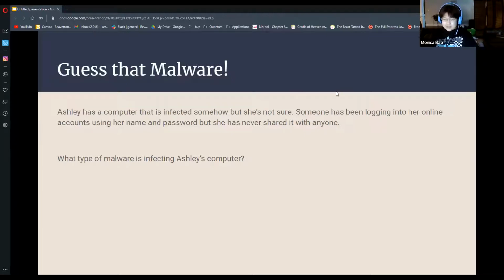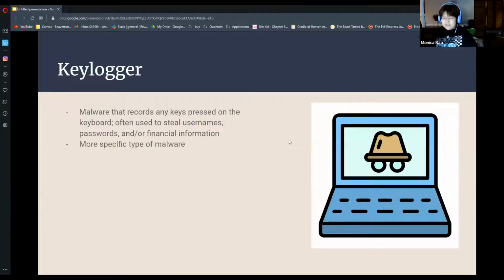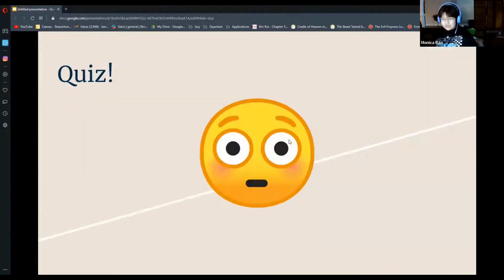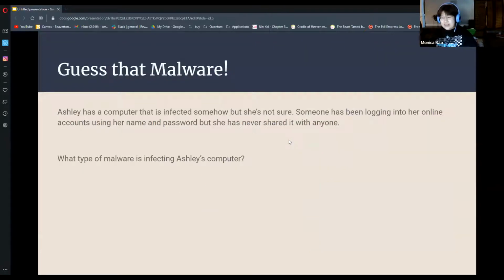But yeah, both of these, a common answer is secretly spying on what you do on your computer. So since she's never shared it with anyone else, then it's got to be a keylogger, right? That we just described, because you don't know that this program's on your computer, and there's no one else that knows about this except for maybe the server that you're trying to log into.